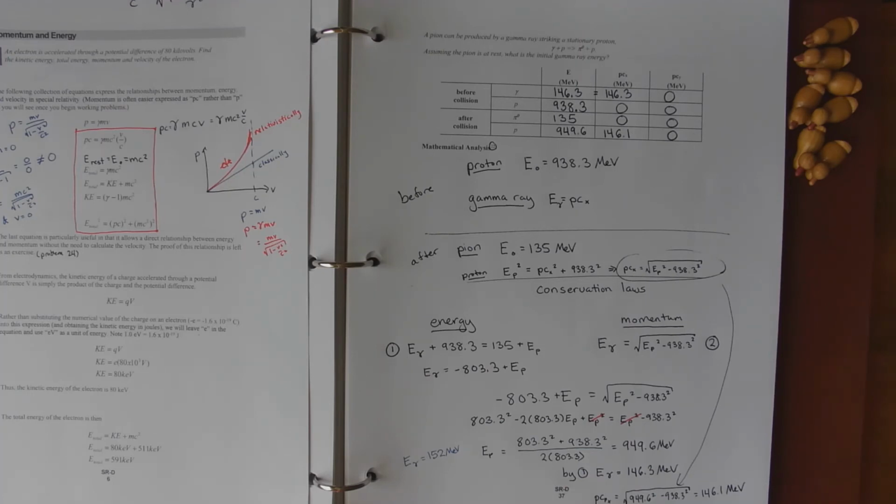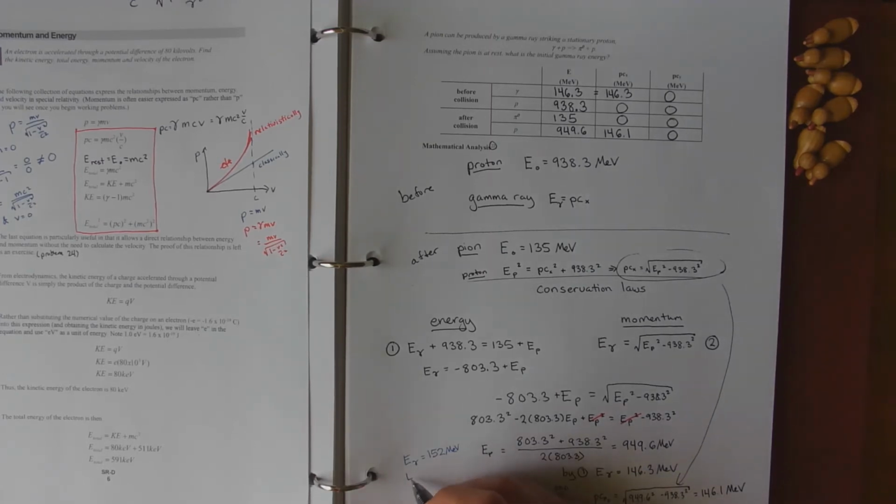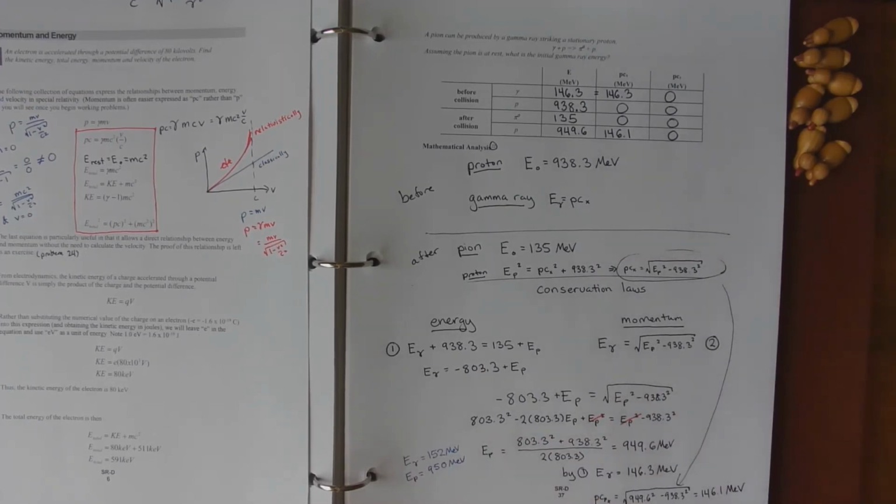So let's see if the answer of 152 mega electron volts makes sense. We solved here for the energy of the proton and we got 949.6 mega electron volts. So let's round that to 3 significant figures, so that would be 950 mega electron volts.